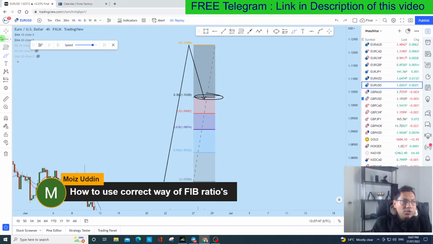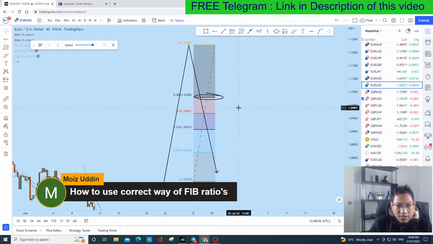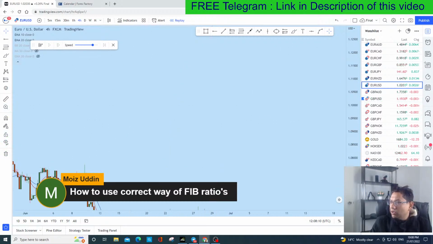Instead, if the price came down here, that is a 50% Fibonacci retracement. If the price comes here, it's a 61.8% Fibonacci level. If it comes here, it's 78.6%. If it comes further, it might even break this level. So that's how you can understand Fibonacci. Hopefully you guys understood.